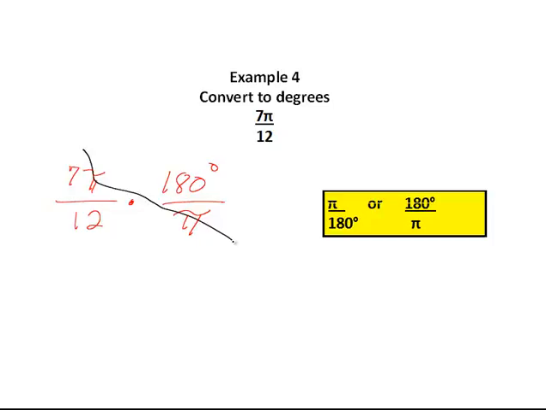In this problem, we're knocking out the radians or the pi. Now you're going to cancel out whatever you can cancel out. 12 into 12, 1. 12 into 180 goes 15. Multiply the tops, and you've got your 105 degrees. Notice that degree symbol is still there. You didn't lose that. So that's your final answer, 105 degrees.